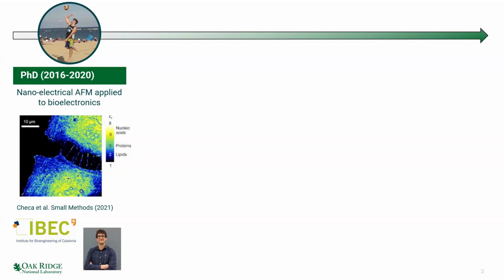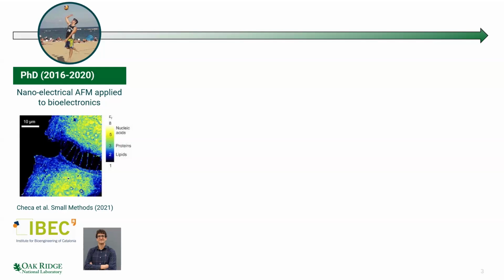We used the AFM for electrical characterization of cells, doing electric constant maps of cells. Apparently the biocomponents, the nucleic acids, proteins and lipids that form the cells, give different dielectric responses and have different polarizability. So you can achieve some sort of label-free biomolecular characterization from the dielectric constant signal of the different biocomponents.